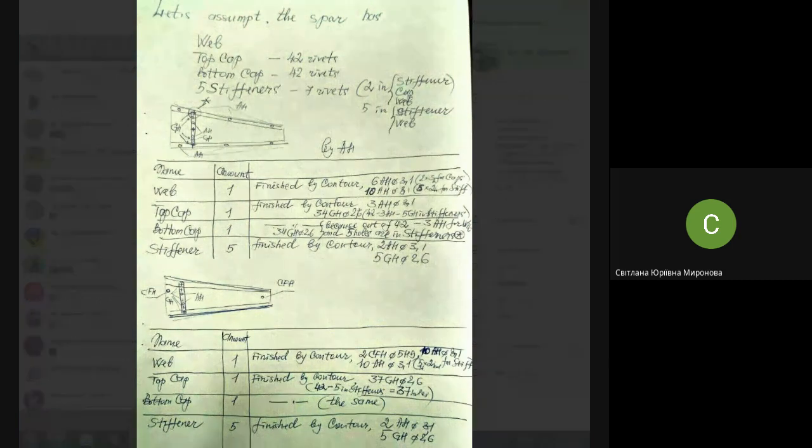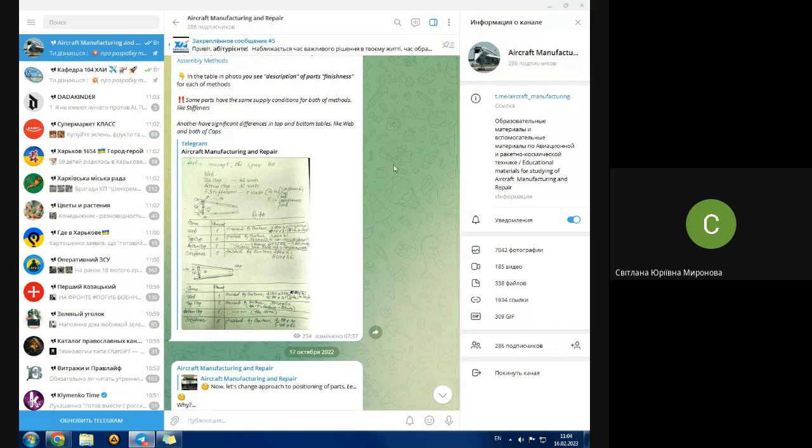We develop technological processes of final assembling. Next, we develop technological processes of aggregate assembling, and only after this we come to technological processes of parts manufacturing. Because parts before assembling do not look as you see them in a drawing. They may be non-finished in one way or another, depending on which assembly method you are going to use.